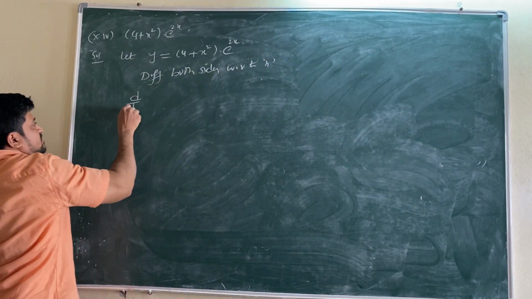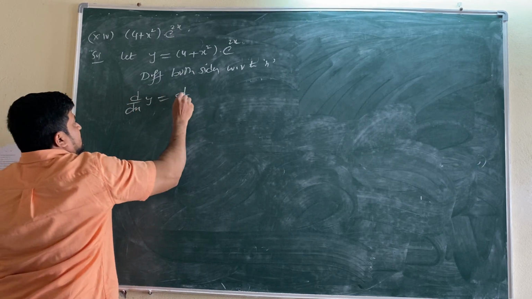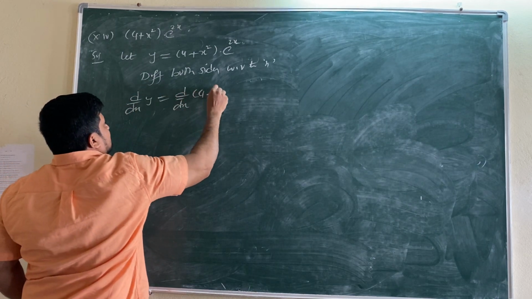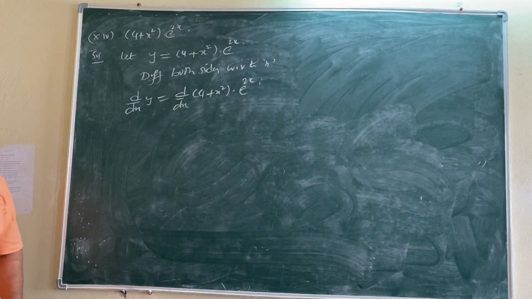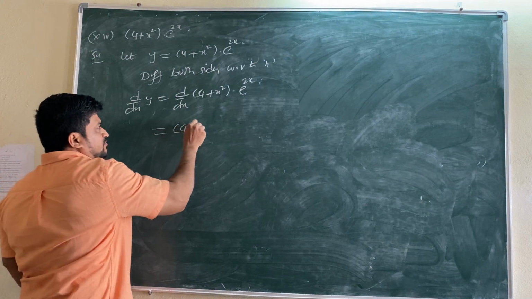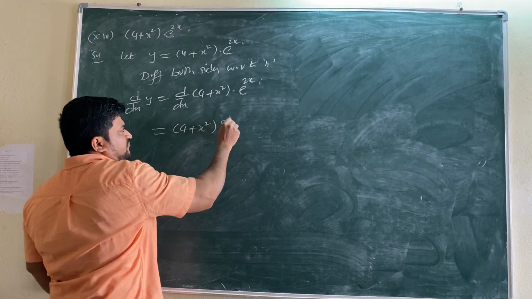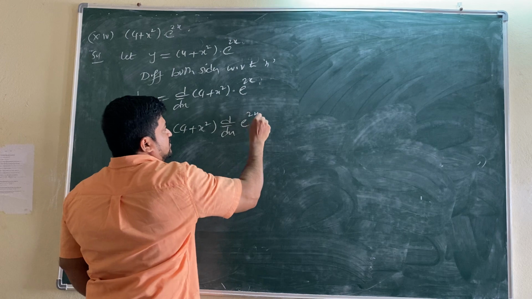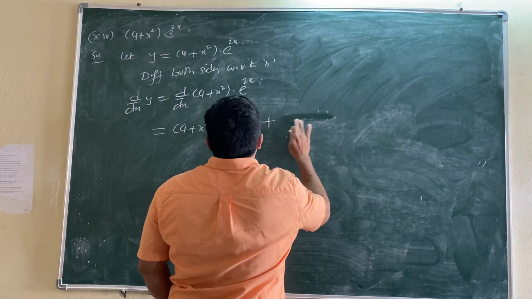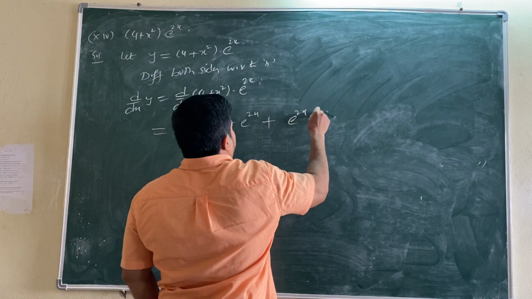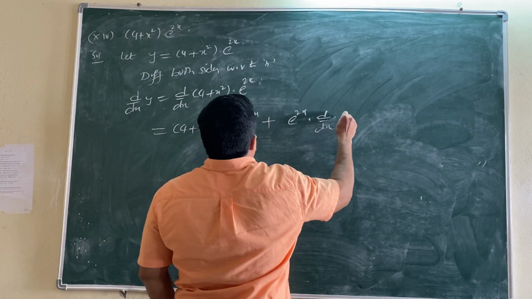So d by dx of y equals d by dx of x square into e power 2x. UV form. So not writing the formula, because u d by dx of v plus v d by dx of u.